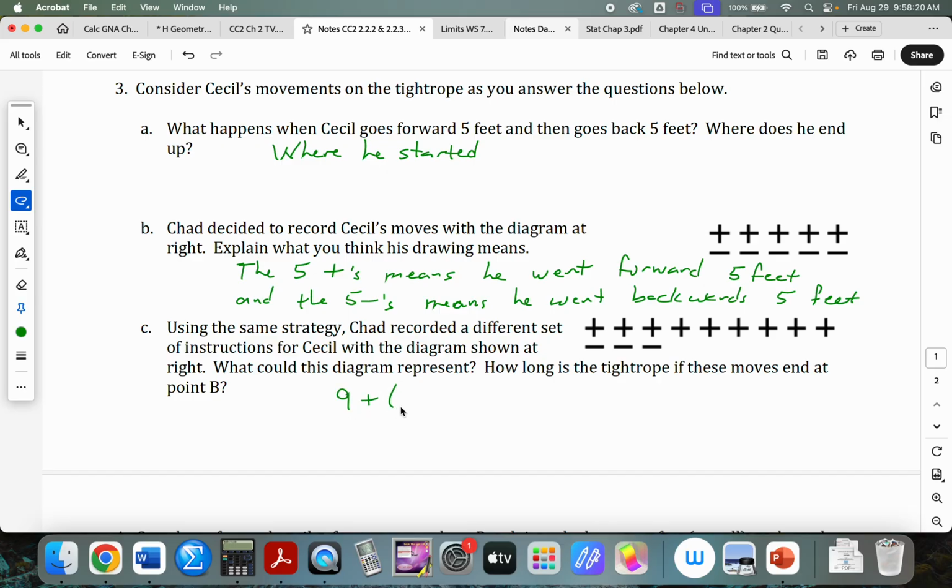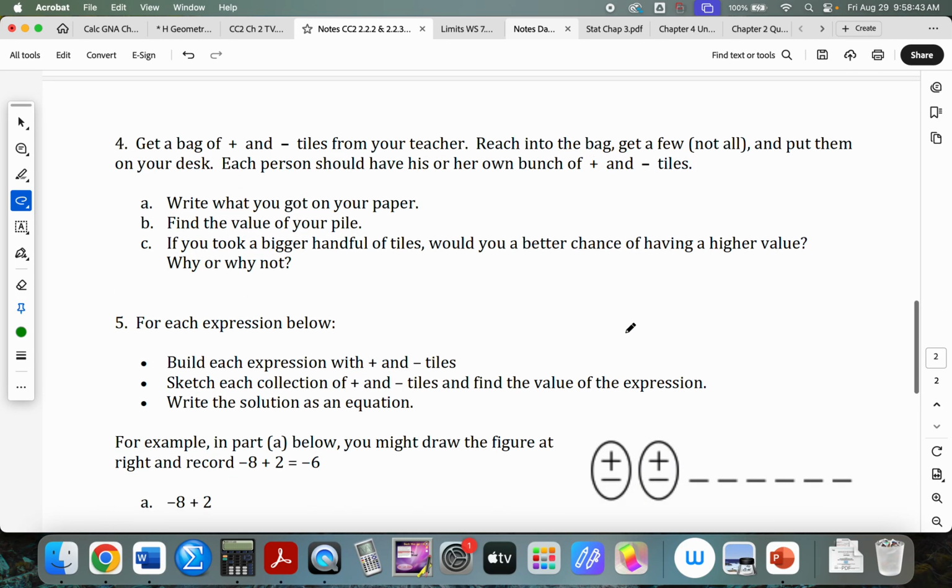Plus, how far did he go backwards? 3 feet. For a result of, same thing as going forward, 6 feet. All right, let's move on.